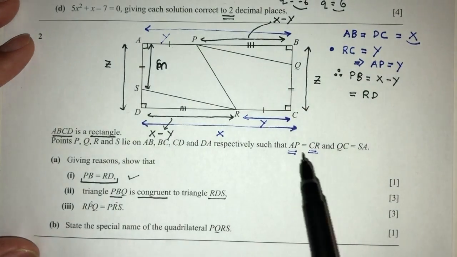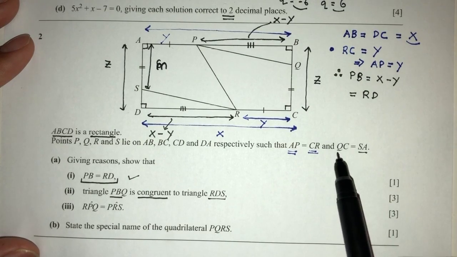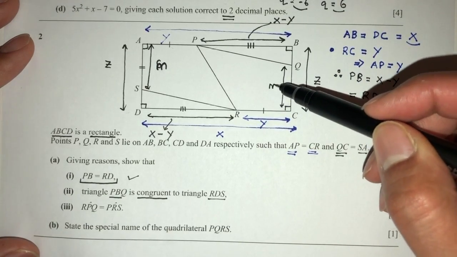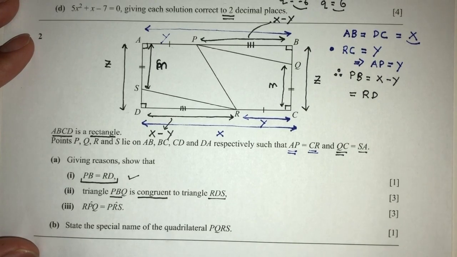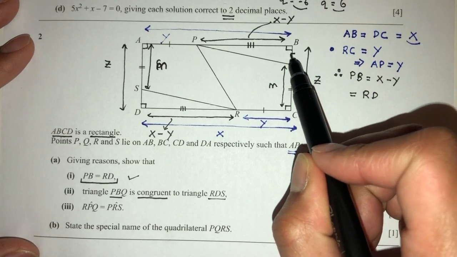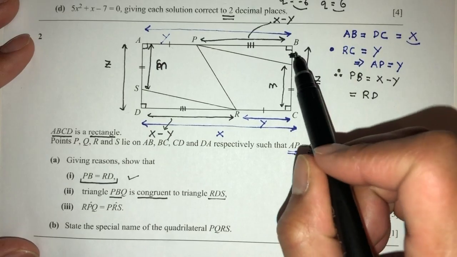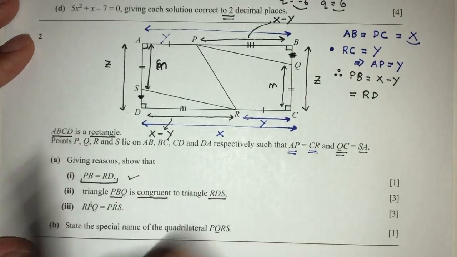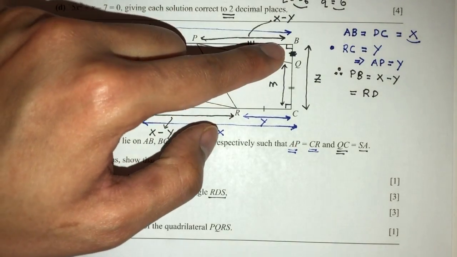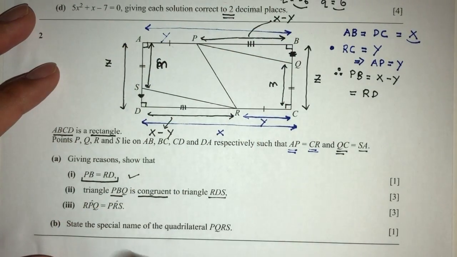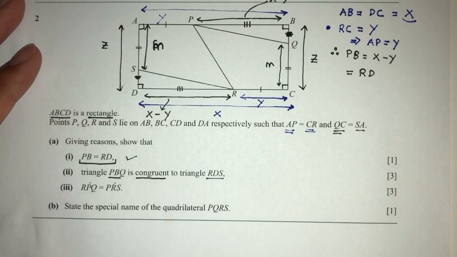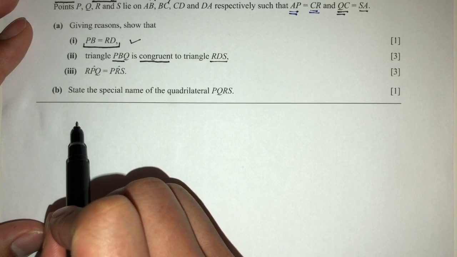So since we're given that AS, which is SA, is the same as QC, it means that QC here will also be M. So by having those measurements, we can conclude that BQ has to be the same as SD by the same logic, because SD is Z minus M and BQ is also Z minus M. So right now we have to compare those two triangles. As you can see, let me draw this here. What do we have right now? So right now we have a triangle like this.